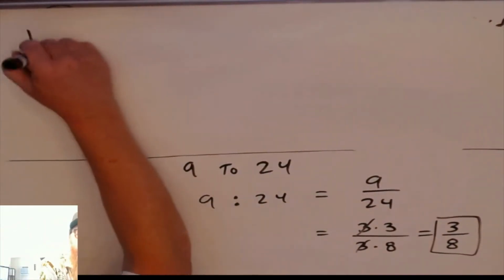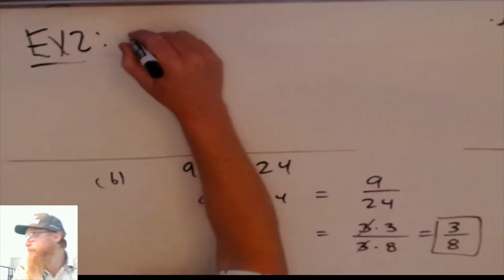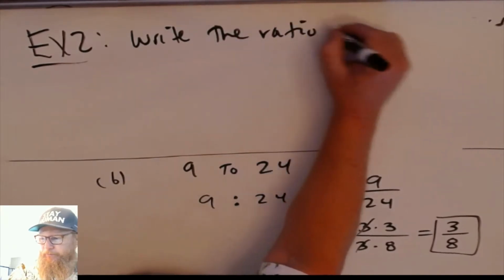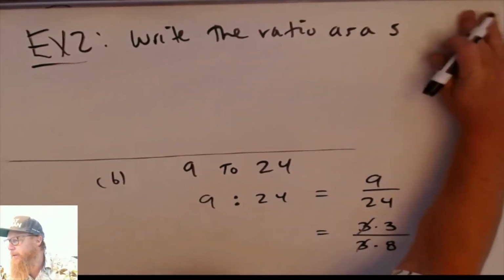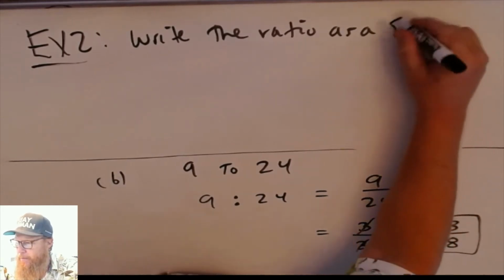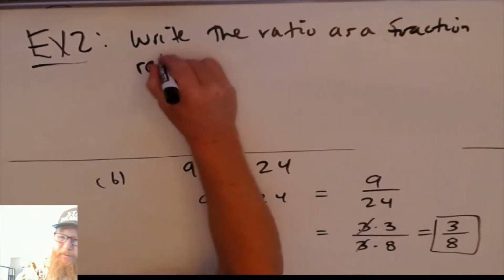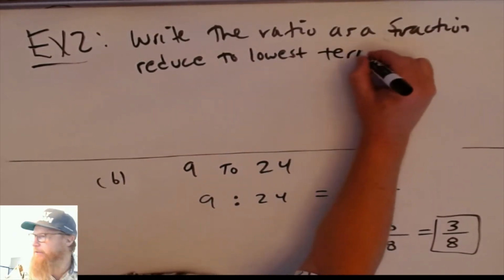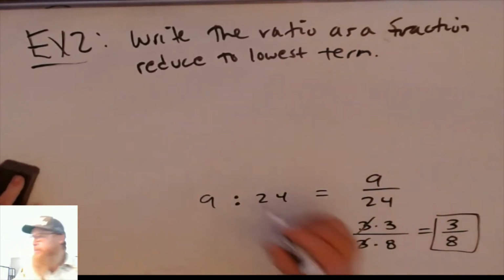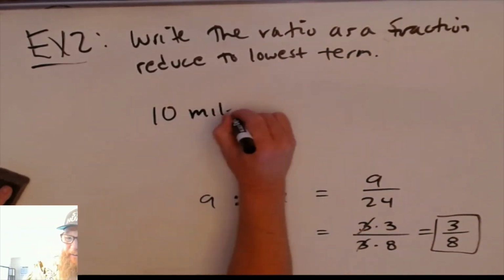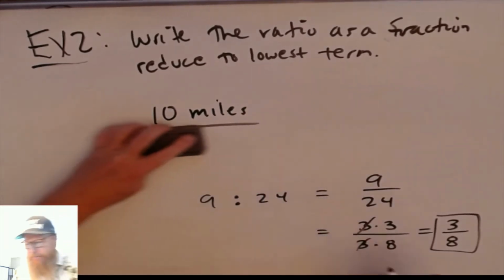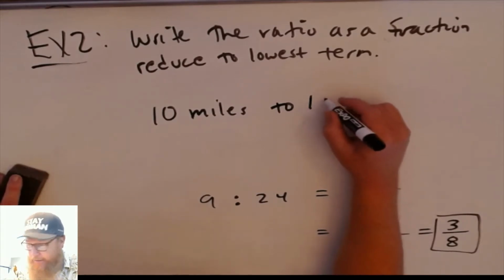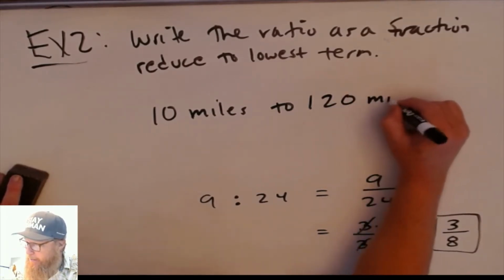You can also have ratios with units. So I'll give you a ratio that actually has units, something like 10 miles to 120 miles.